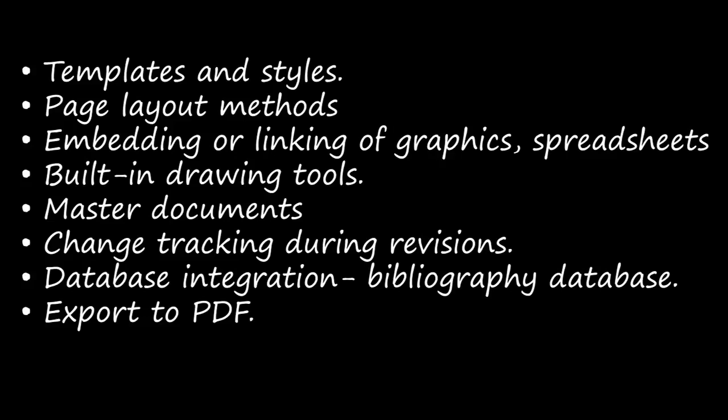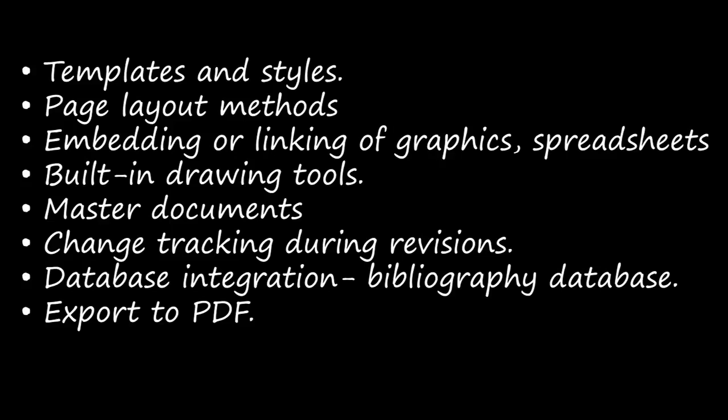Master document to group a collection of documents into a single document, right? Master documents means one main document will be there and we can have a collection of documents inside a single document. Change tracking during revision. When you are revising, when you are just checking it, you can just change the tracking.